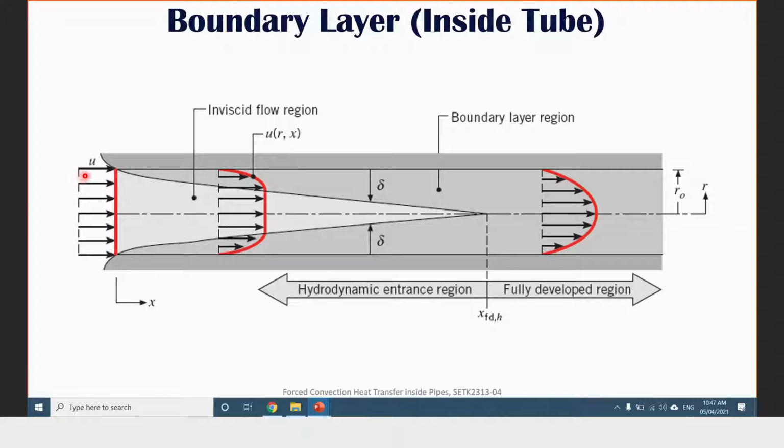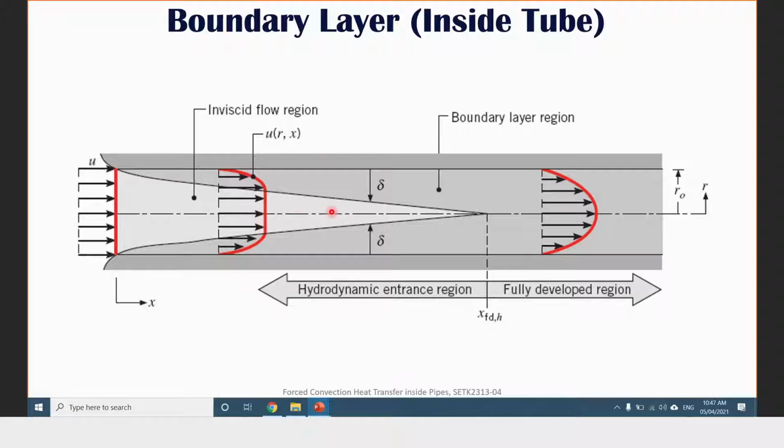Once it starts to go inside the tube, we can apply basically the same concept, but in this case we have two walls, at the top and at the bottom. Because of the friction and whatever disturbances, we start to see the velocity profile here, because the velocity near the wall is lower than the velocity in the middle.